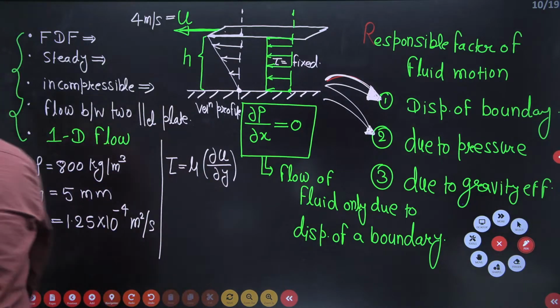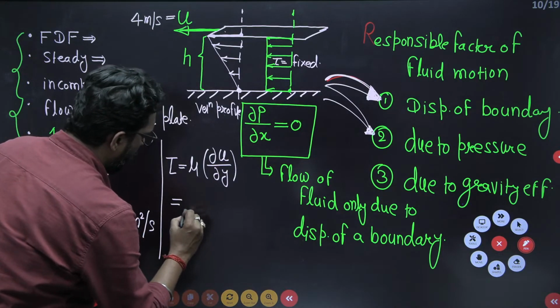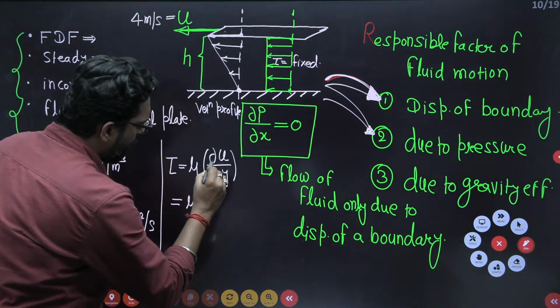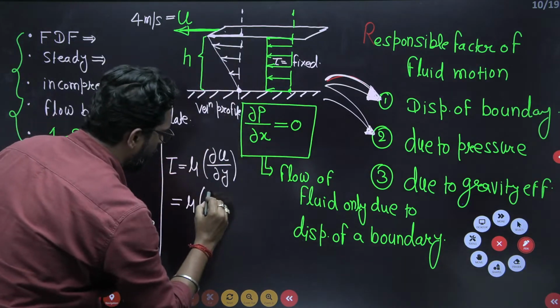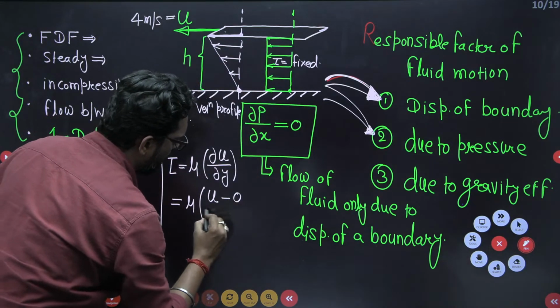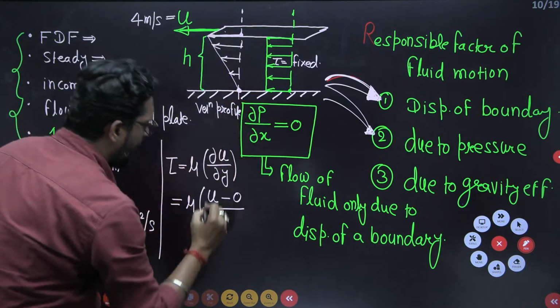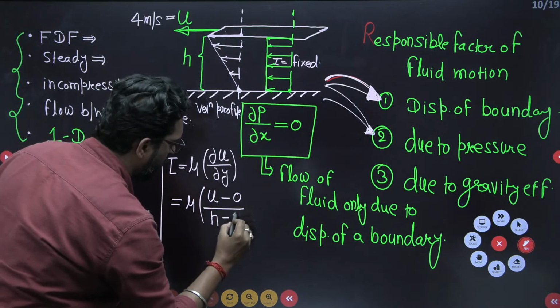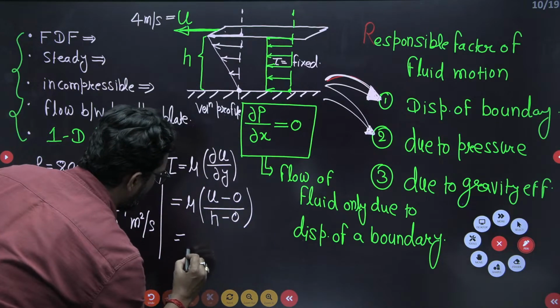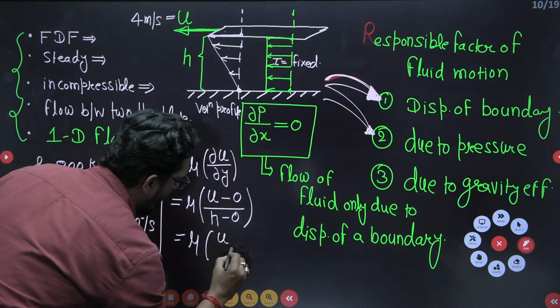Now u is the difference between the upper higher velocity u and the lower velocity, which is 0. At this point the height is h, and at this point the value is 0.